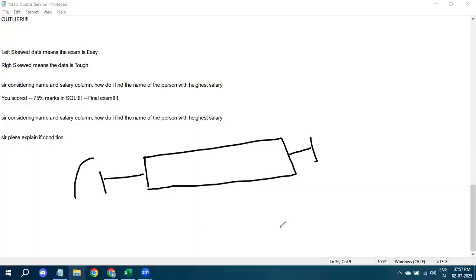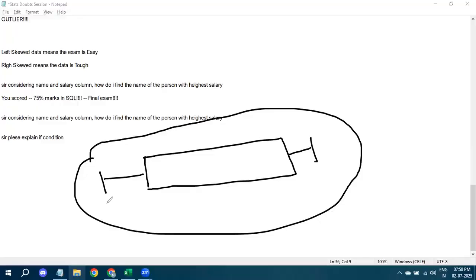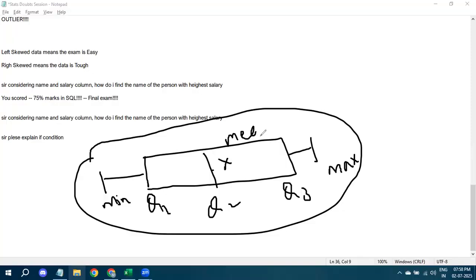This is called the entire whisker. This is the minimum value. You will find Q1, Q2, Q3, max value, and you will find the mean value somewhere here. We have seen this in the box plot, right? Yes, sir. By using this, we will be drawing them. Instead of drawing manually, we will be using the plot that exists in Excel.